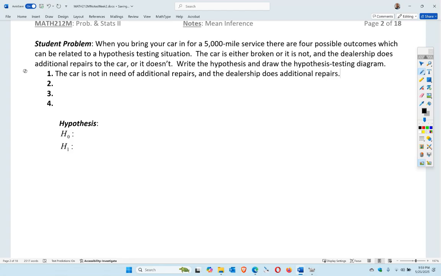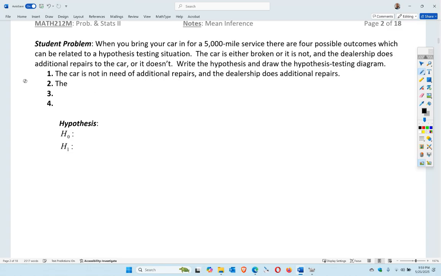That's a type 1 error, because the assumption is that because you took it in for service, you didn't say anything about it being broken. The null hypothesis is it's not broken. You're just doing service. So if you reject that, that means you needed repairs. The fact that they did reject it, but it did not need it, that's a type 1 error.